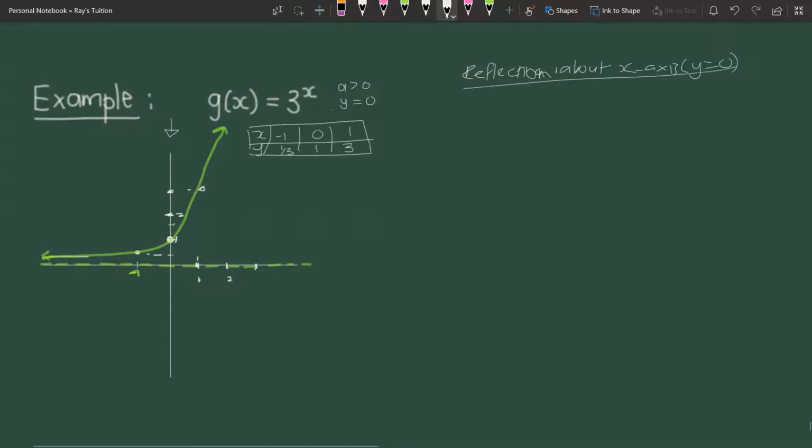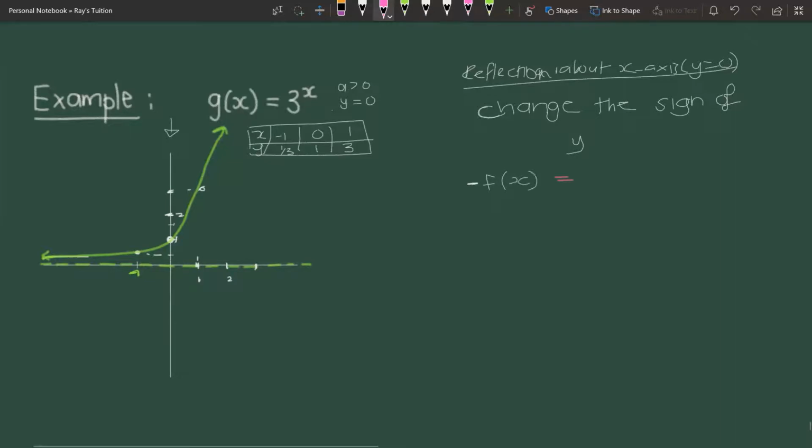So if they're asking you for the reflection about the line y is equal to 0 or the x-axis, it's the same thing. And what did we say our rule is? The rule is to change the sign of y. In other words, we're calculating minus f of x.